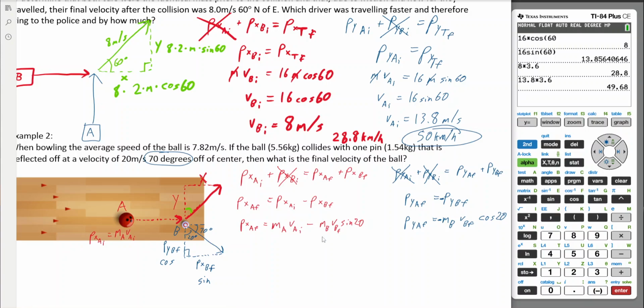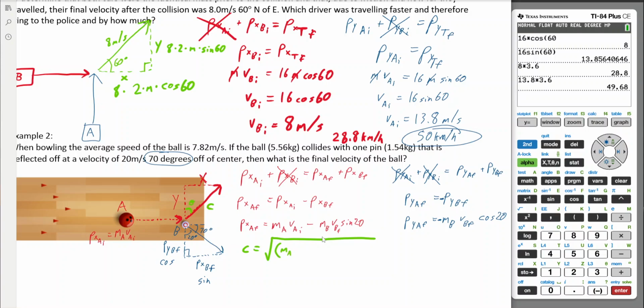Okay, so we're looking for the theta here, and we're also looking for the c part. So the Pythagoras theorem gets us c. So c squared equals a squared plus b squared, or c equals the square root of a squared plus b squared. So this is a, which I'm going to call the x direction.